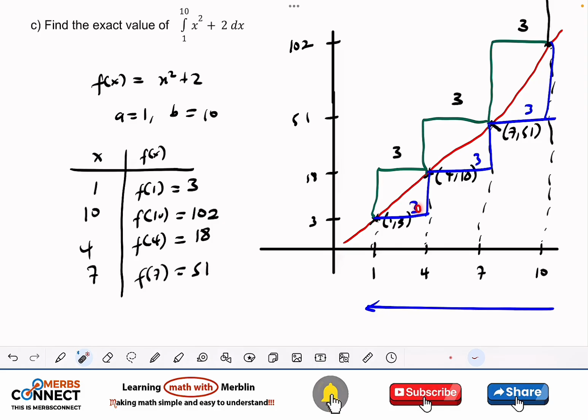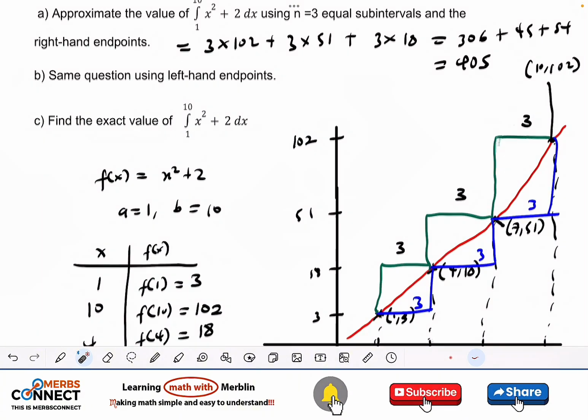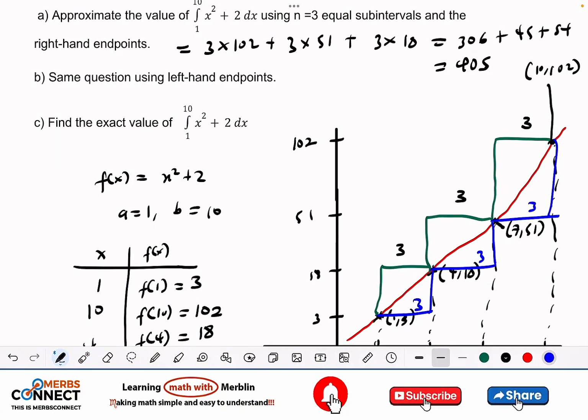So now here is going to be 3 times 3, 3 times 18, 3 times 51. So that's what we are going to have for the left-handed. So the left-handed is going to be 3 times 3 plus 3 times 18 plus 3 times 51.